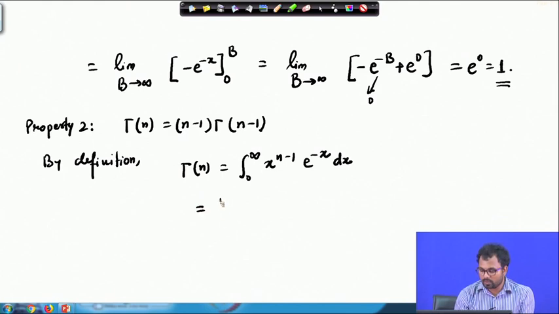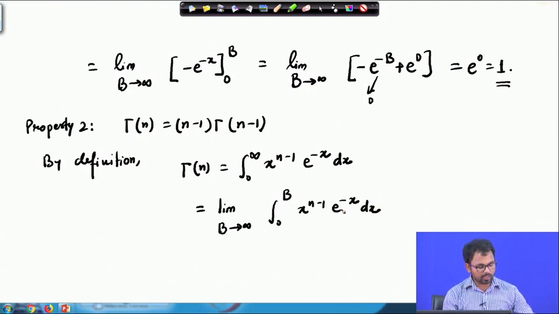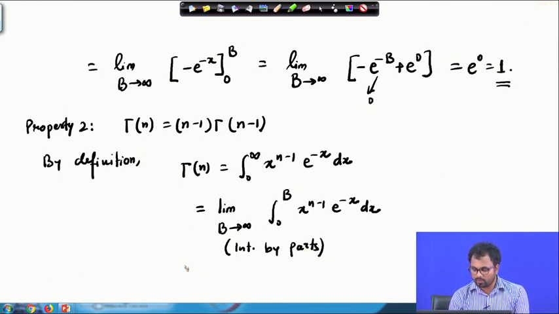This can be written as the limit as b goes to infinity of the integral from 0 to b of x to the power n minus 1 e to the power minus x dx. And now, we will integrate this by parts.